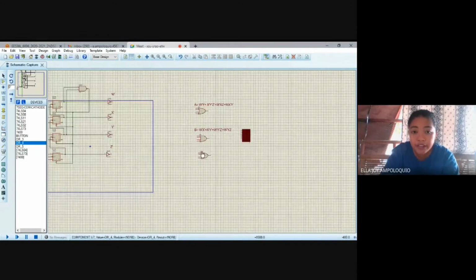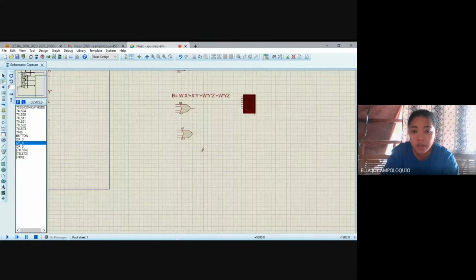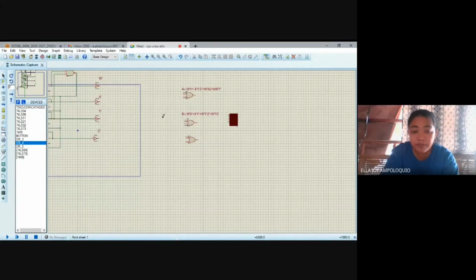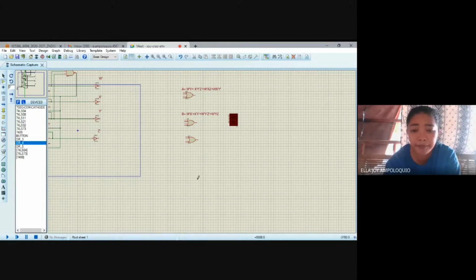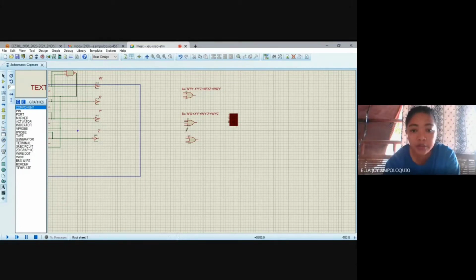For connecting the different wires, I will time lapse later, because it will consume so much time, and I will edit it for the time lapse. So now let's put the third equation here.